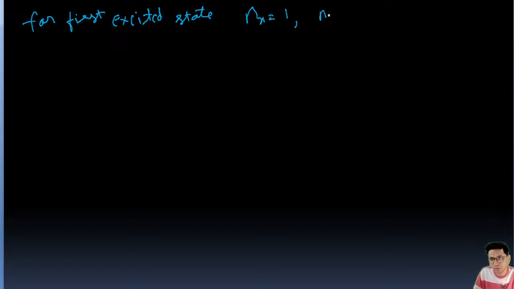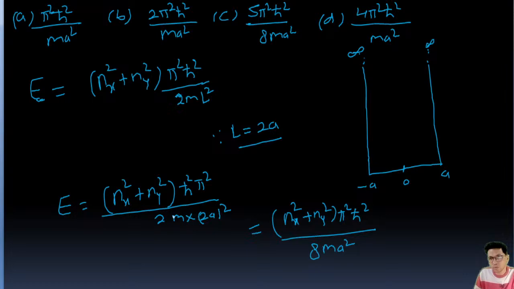Now this is for the first excited state, we need to find out the energy. For the first excited state, the value of nx is 1 and ny is 2, because its degeneracy is 2. So nx equal to 1 and ny equal to 2, we put the values.